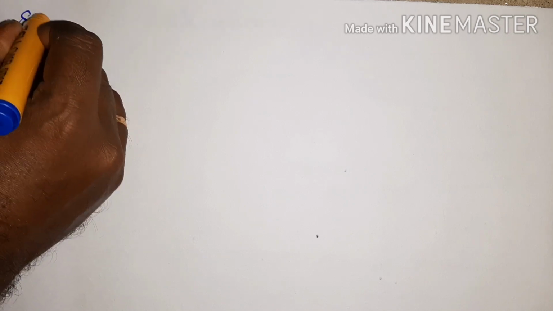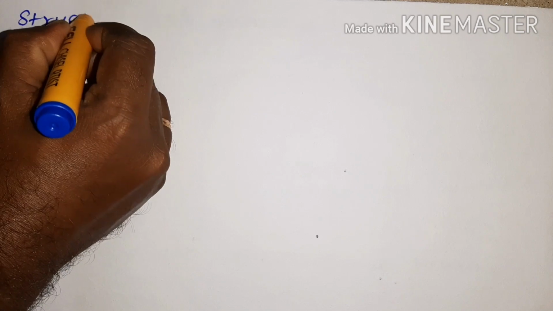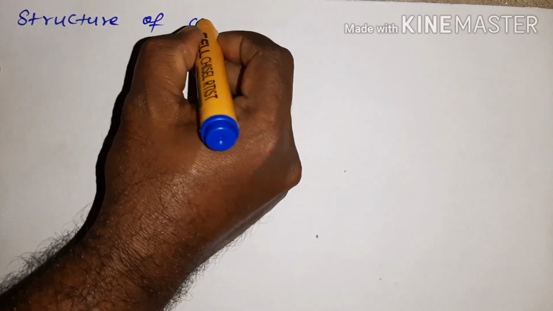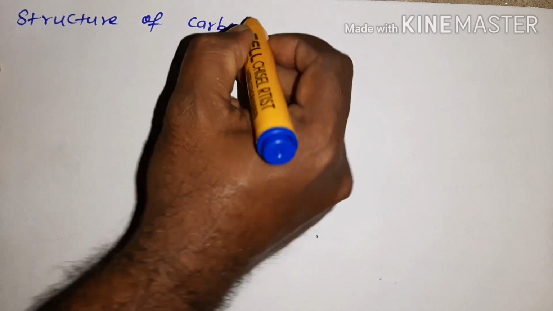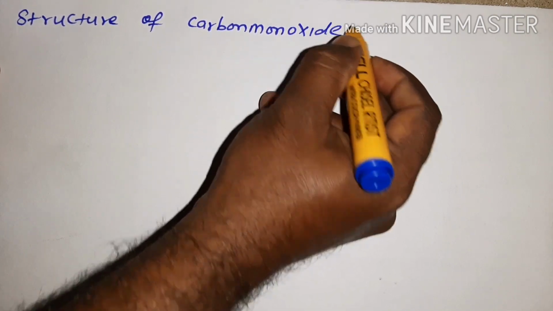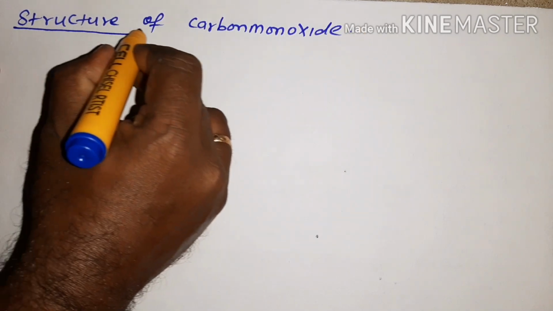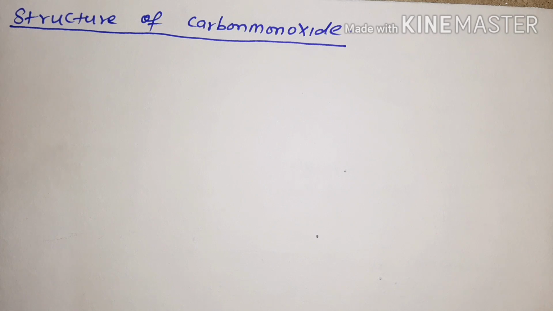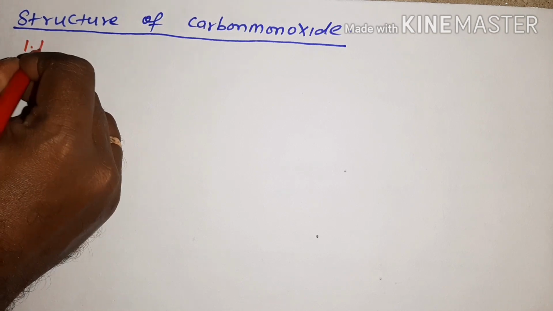Now the structure of carbon monoxide. For the structure of carbon monoxide, it has a linear structure.